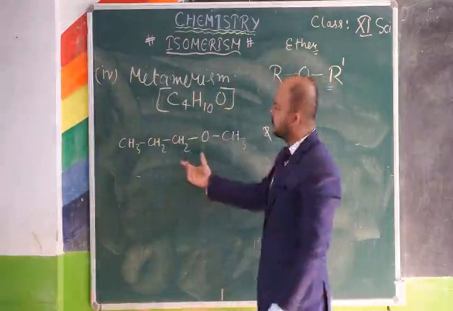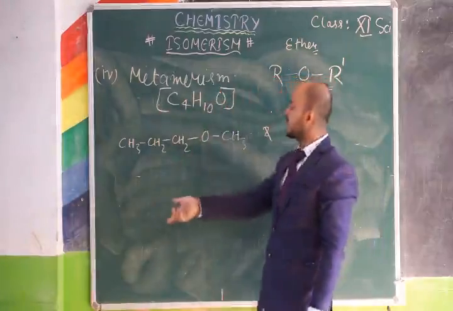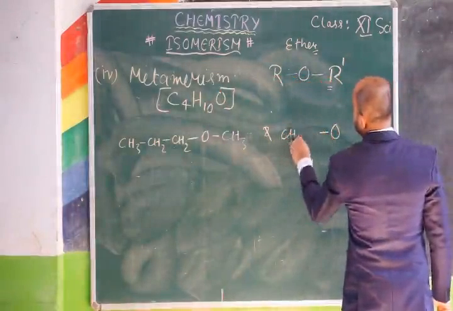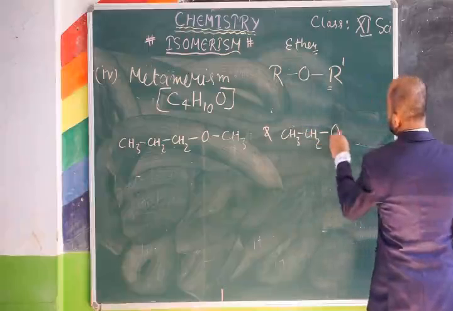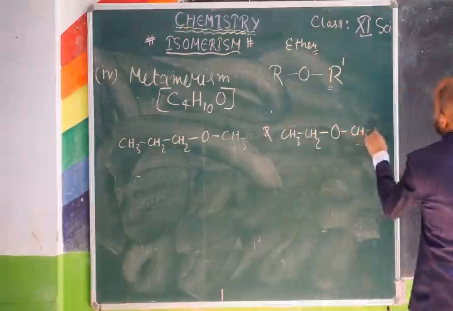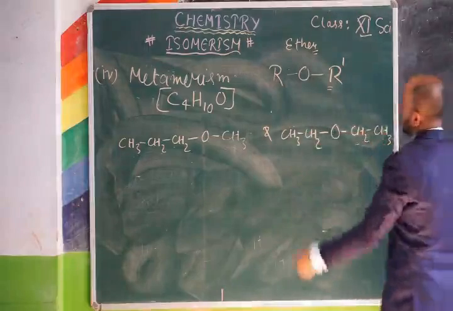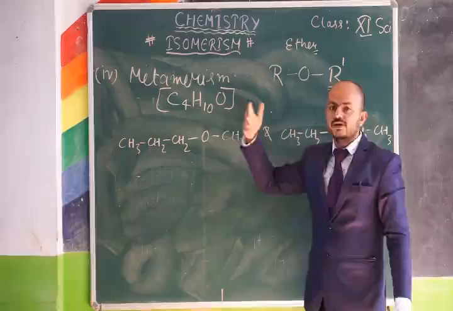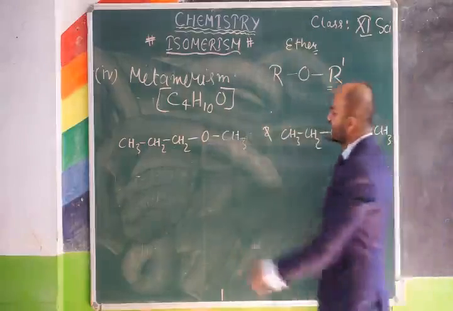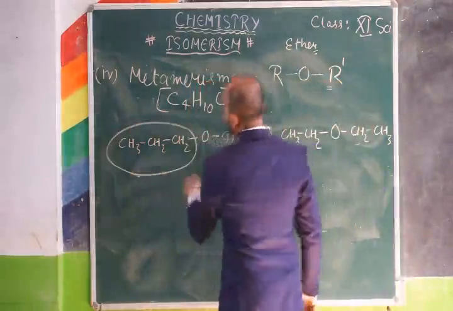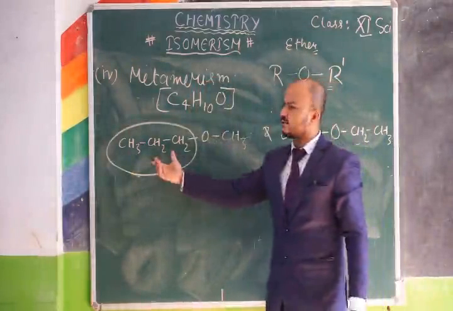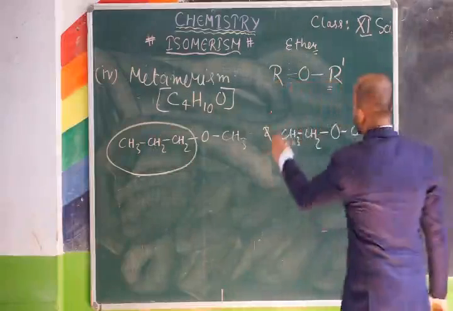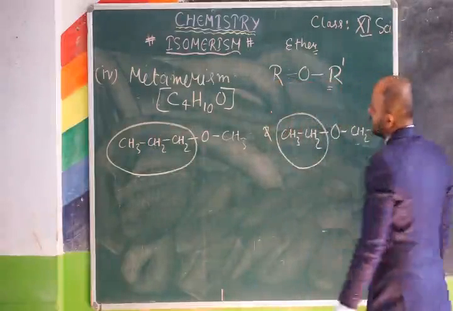With this molecular formula, you can have this structure, or you can also have a structure where you have CH3, CH2 on this side, and here also you have CH2, CH3. Now count the number of carbons, hydrogens and oxygen; it exactly matches this molecular formula. What is the difference between these two? The difference is in the length of the alkyl group. Here 3 carbons are present, but here you have only 2 carbons.